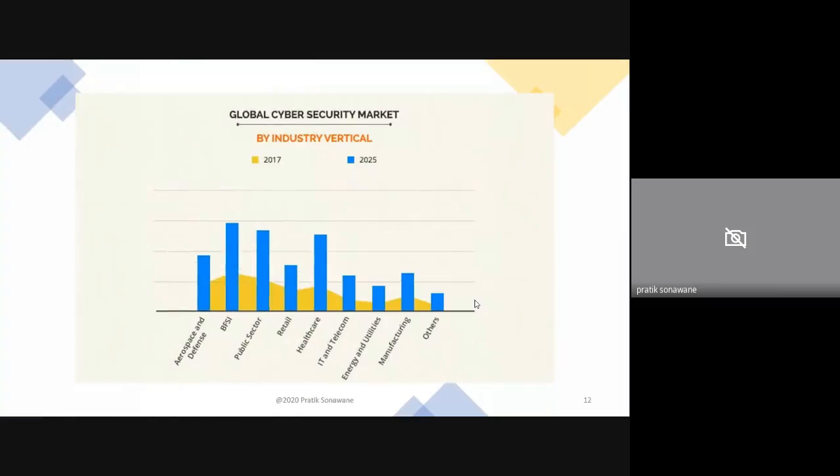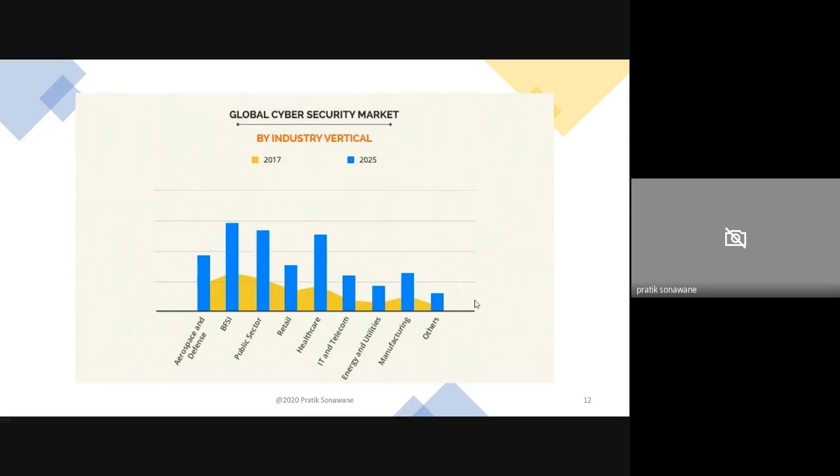And if you want to see industry wise, you can see here the BFSI sector, that's the banking, finance and insurance sector, which will spend more on cybersecurity just because they have certain regulatory compliances to meet. IRDA is there, RBI is there, SEBI is there. And then other industries, aerospace, healthcare.